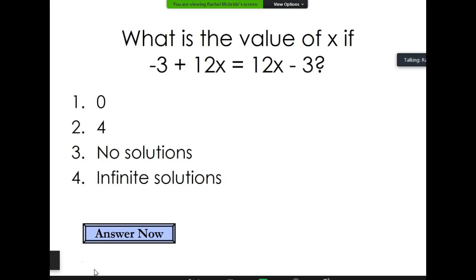Is that 3, Logan? All right. Guys, we are infinitely split between 3s and 4s for this problem. What do you notice about this number and that number? If it's the same on the left and the same on the right, then how many x values work? All of them.